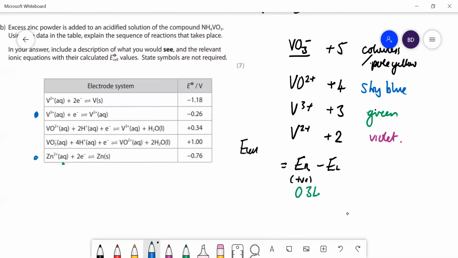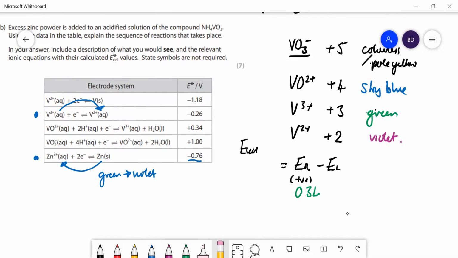Can that react with zinc? Well, it's negative, but it's still much more positive than the zinc. So the zinc's most negative, minus 0.76, so that's going to go backwards, giving out the electrons. This one is more positive, so it's going to take in the electron, going forwards to form V2 plus, which is the violet one. So we're going to see this go from green to violet in this step, and it will be the last step as well.